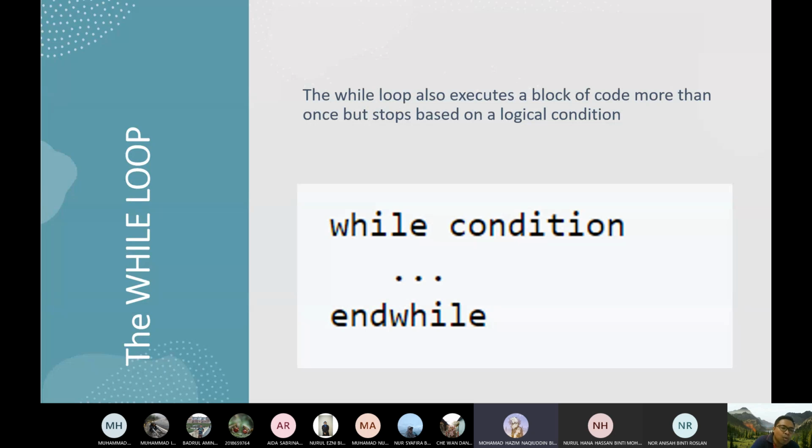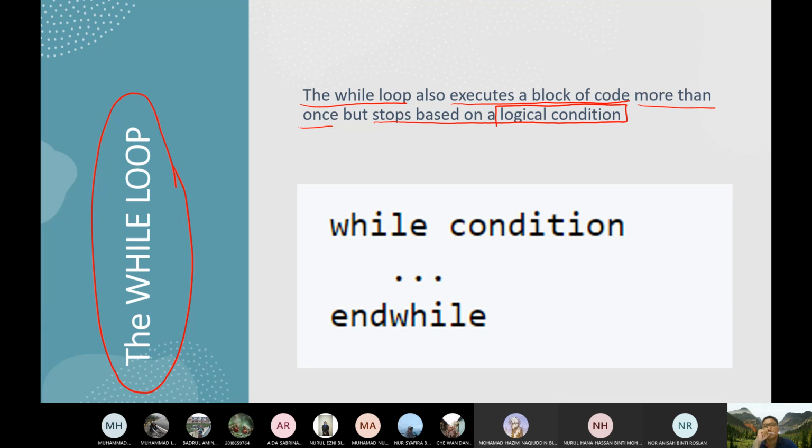The loop, we call it the while loop. So what is a while loop? While loop is very useful if you want to execute a block of commands or a block of codes more than once, but you need to stop that execution if it meets a certain logical condition.